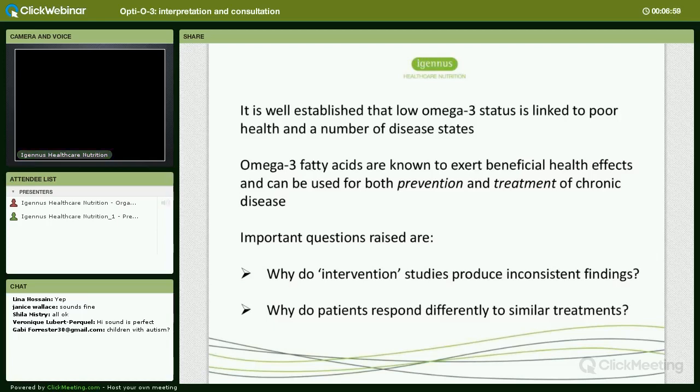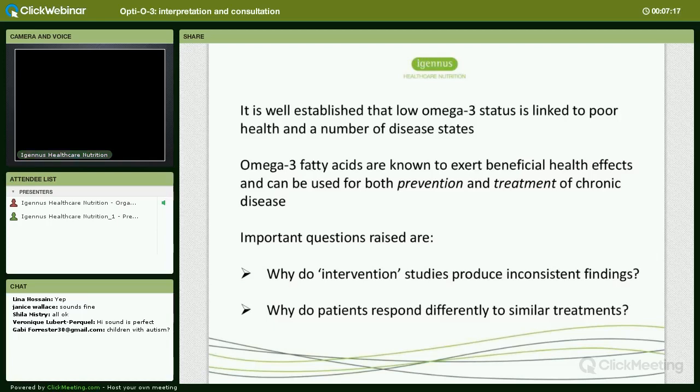And as such, raising omega-3 levels is known to exert many beneficial health effects. There's a lot of focus on using omega-3 for prevention, but there's also a lot of focus on using omega-3 for the treatment of chronic disease as well.